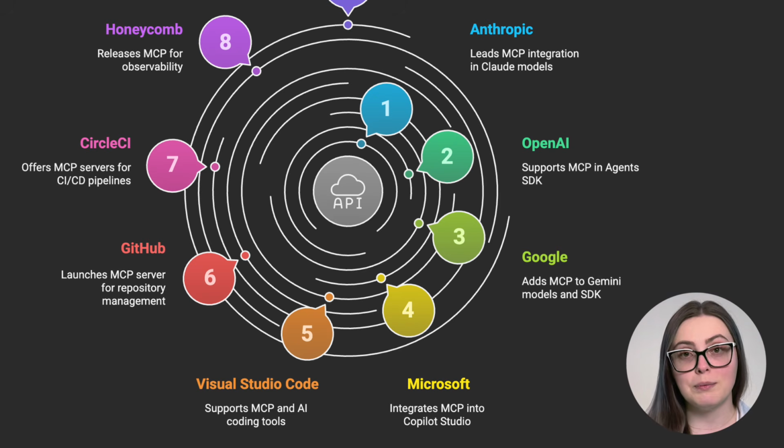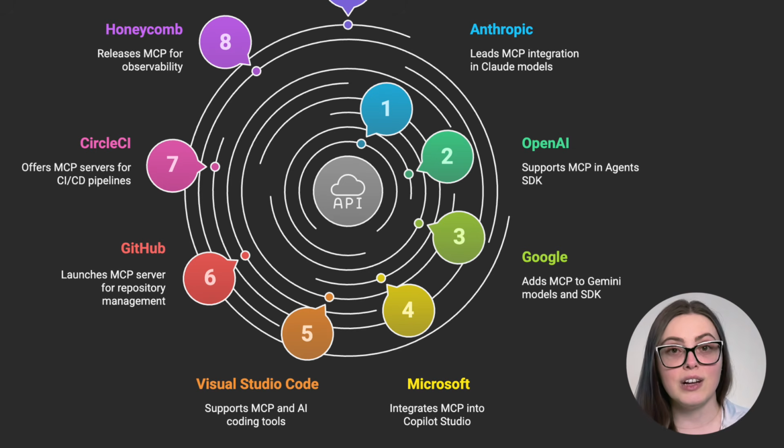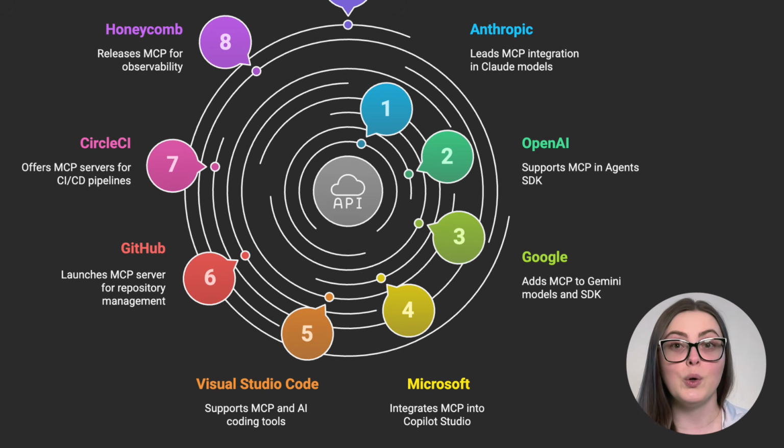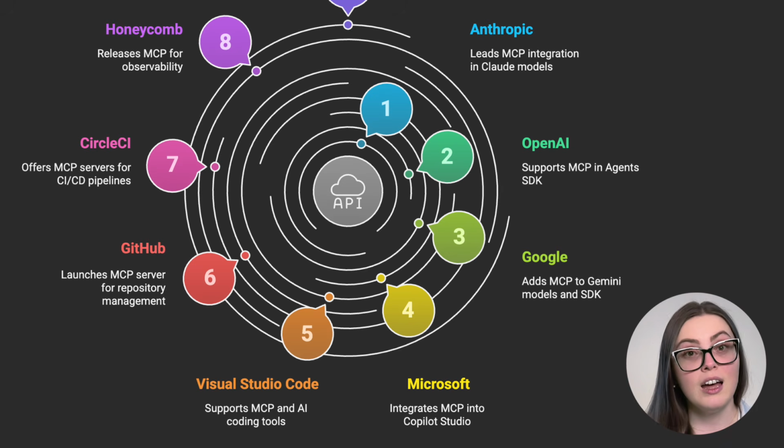Google is adding MCP support to Gemini models in SDK and Agent Development Kit. Microsoft has integrated MCP into Copilot Studio, which allows enterprise customers to connect AI assistants to custom data sources and tools. VS Code supports MCP, and other specialized AI coding tools like Cursor and Cline were early adopters as well.